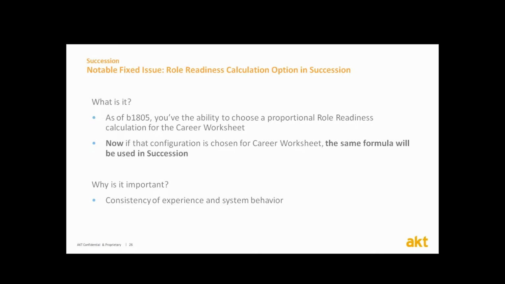As of this release, if this configuration is chosen in the career worksheet, the same formula will be used in the succession org chart and other parts of the succession module, talent module planning. Why is that important? It creates consistency of the experience and system behavior across all the submodules related to the process.